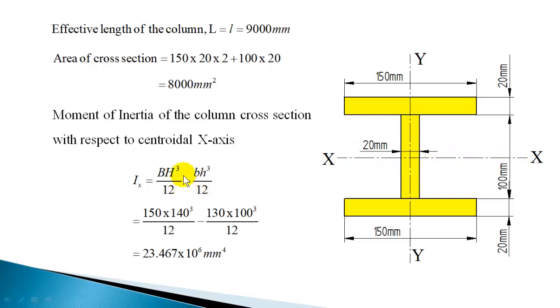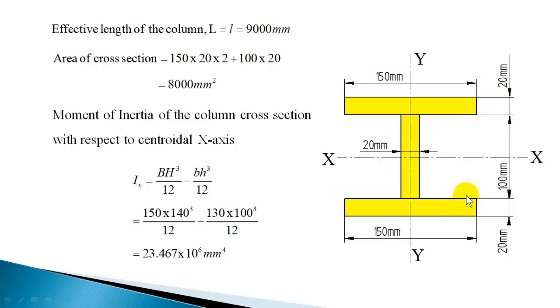So Ix is equal to BH cube by 12 minus bh cube by 12, where B and H are the overall size, base is 150, overall height is 140. So B is this overall base size, and H is the total height. Small b is the flange length minus web length. So that is this removed portion. From a full rectangle, this portion is removed.